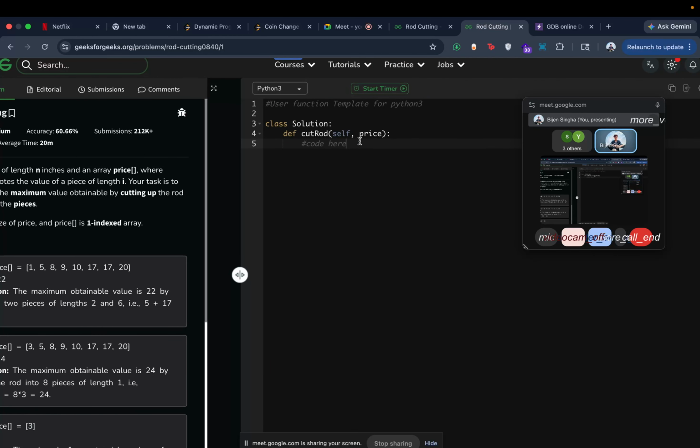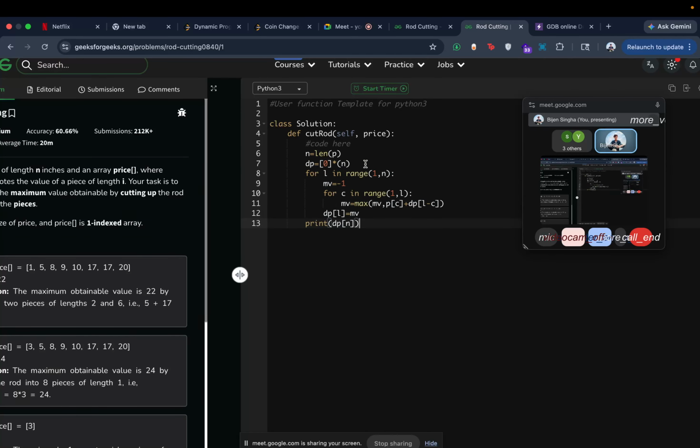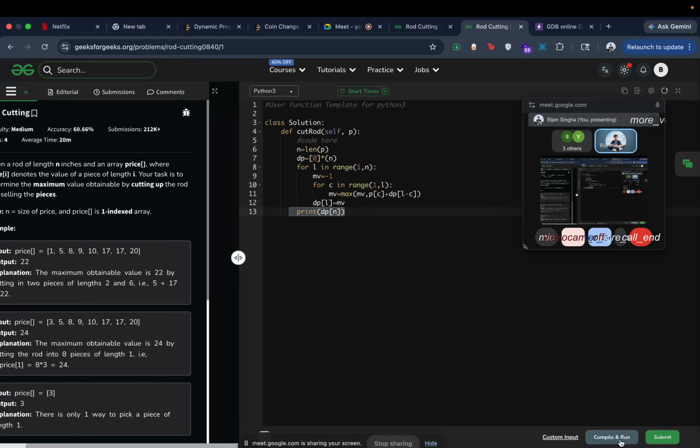I'll just print it here. Length is price, I'll change it to P. Everything else is the same, print dp. Okay, let's run it.